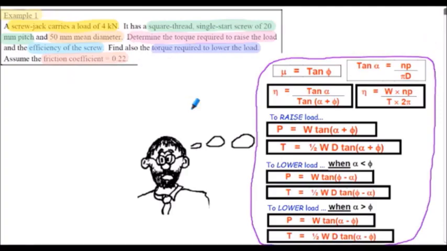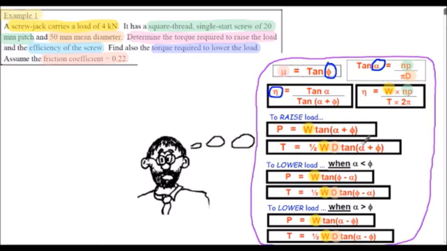If it helps you form your solution, here's a list of all the equations we've proved within this presentation so far. Just thinking through the information given, we have the applied load W. We know it's a single start screw thread of 20 millimeters pitch, so we have N and P. We have the mean diameter given, capital D, and we have the friction coefficient given, symbol mu. So straight away we can calculate friction angle phi and helix angle alpha, so we can calculate the efficiency.